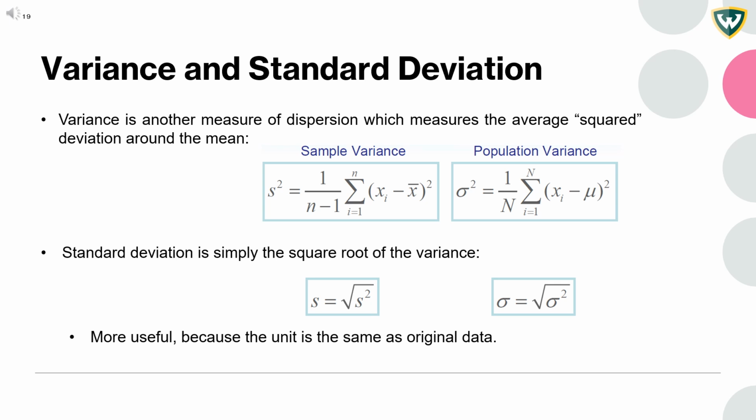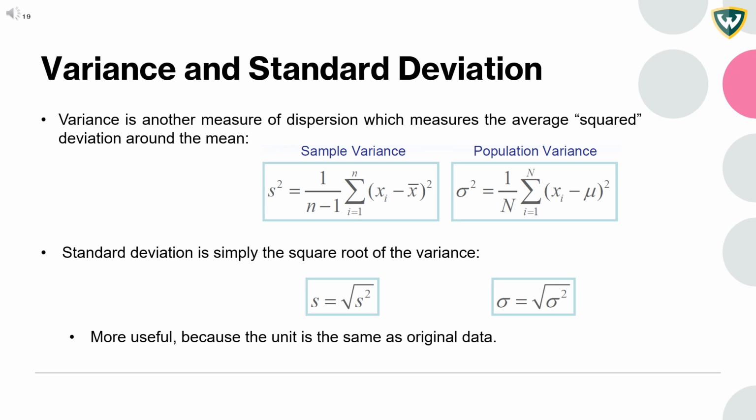Standard deviation, on the other hand, is the square root of the variance and is expressed in the same units as the original data, making it easier to interpret. A lower standard deviation indicates that the data points tend to be closer to the mean, while a higher standard deviation suggests that the data points are spread out over a wider range of values.